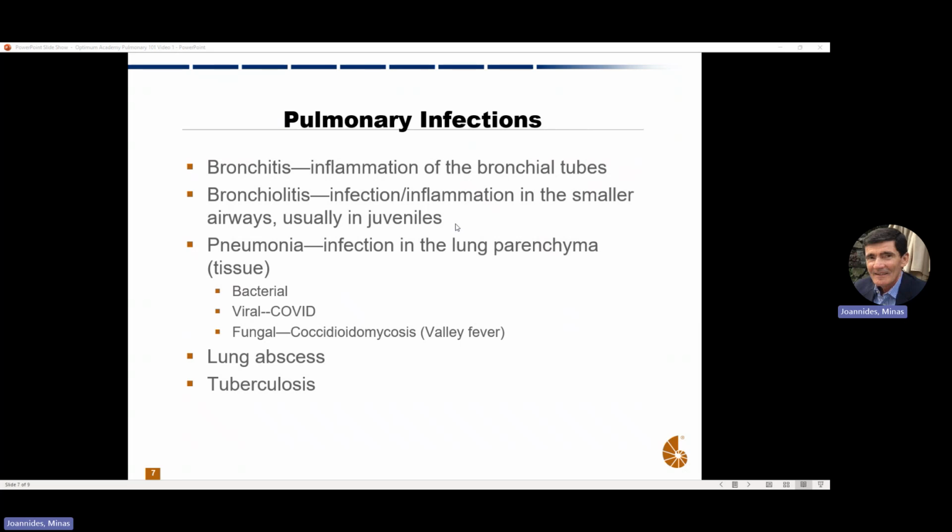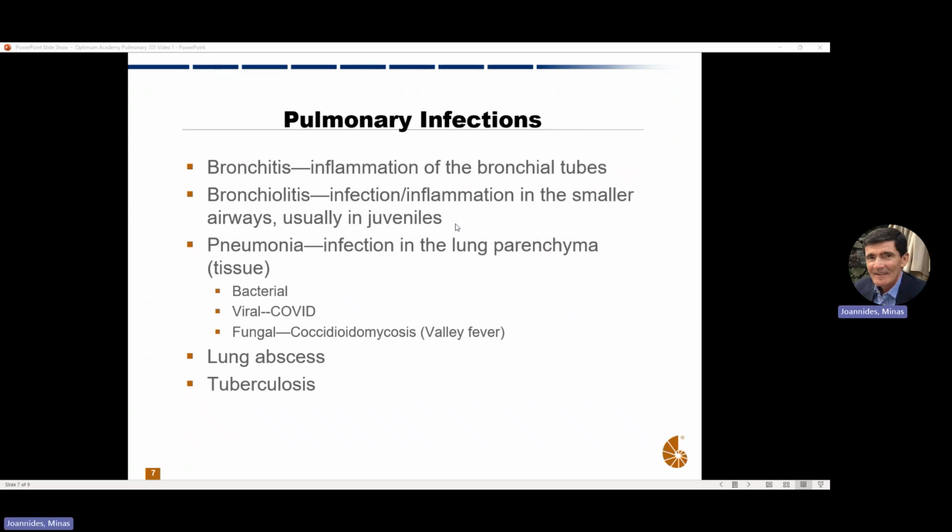Pneumonia is an actual infection in the lung parenchymal tissue, and it could be bacterial, like pneumococcal pneumonia. It could be viral, like in COVID, or it could be fungal, like coccidioidomycosis, which is also called valley fever, noted in southwest US, and that's due to a fungus.